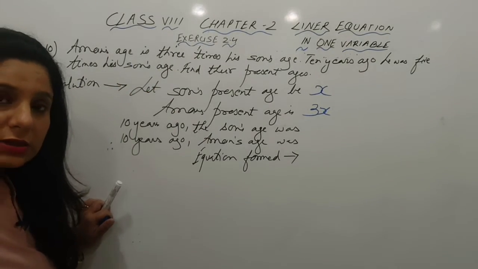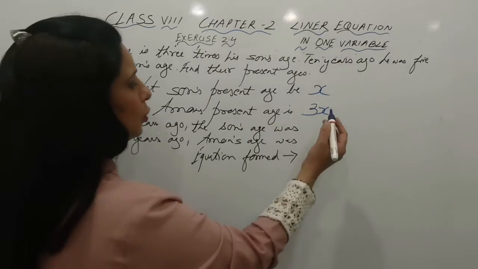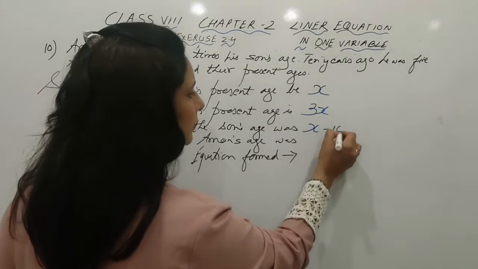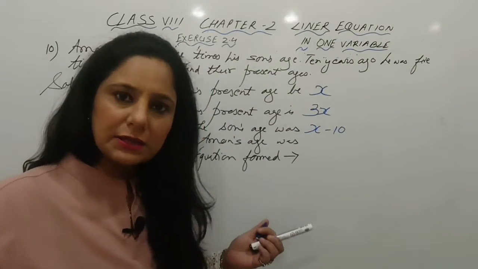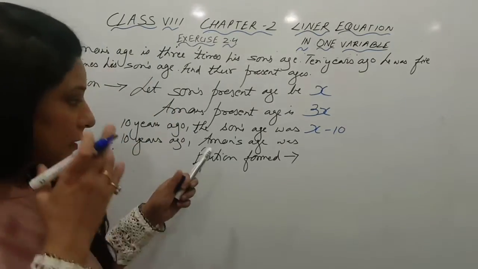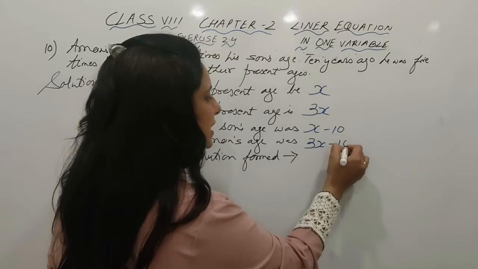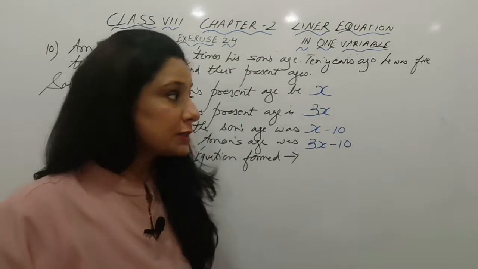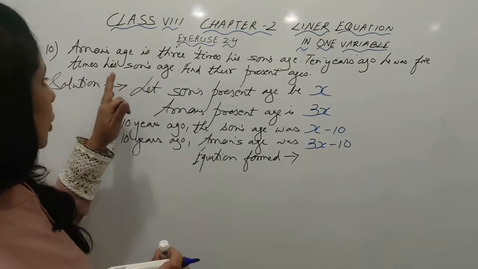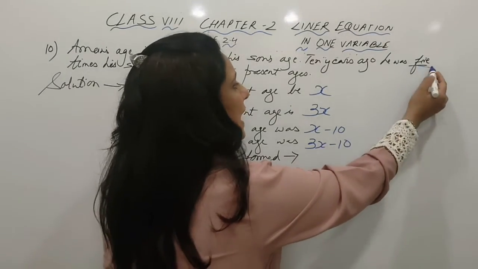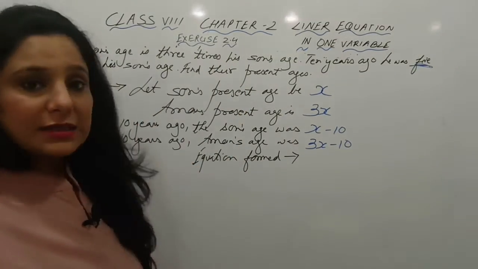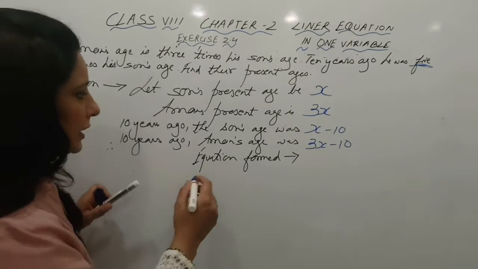10 years ago. So 10 years ago his son's age was, आज की प्रेजेंट एज में से 10 माइनस कर देंगे. And 10 years ago Aman's age was, उसकी प्रेजेंट एज में से भी हम 10 को माइनस कर देंगे. Now we'll read it further. He was 5 times of his son's age. So हमारी equation क्या बनेगी?